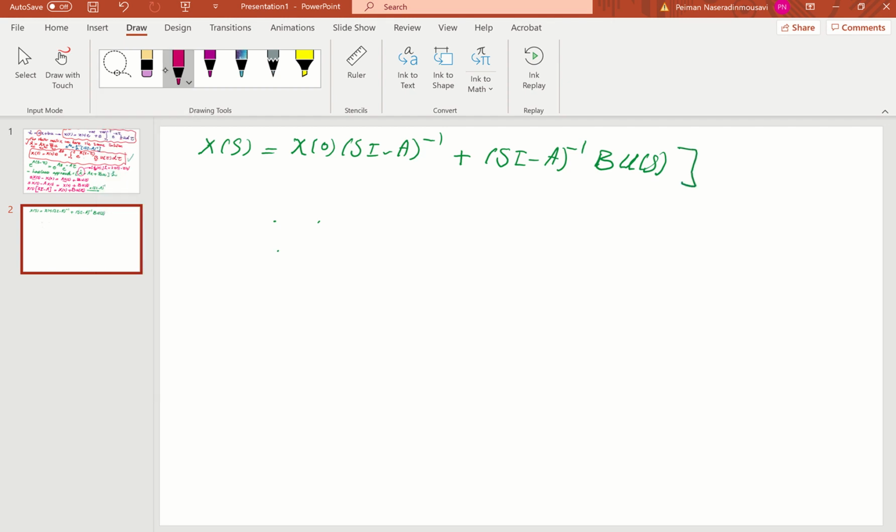To go back to the time domain, as from undergraduate control, you apply the Laplace inverse.